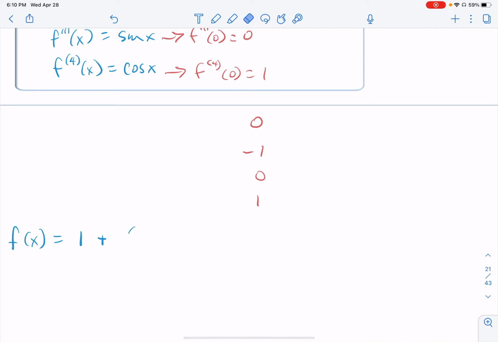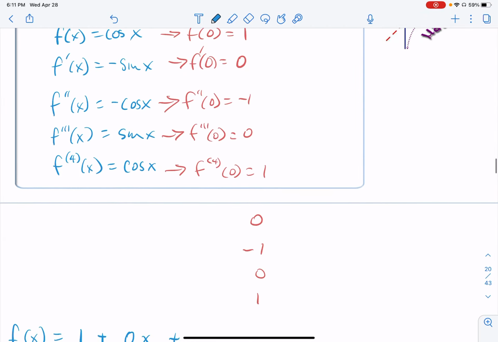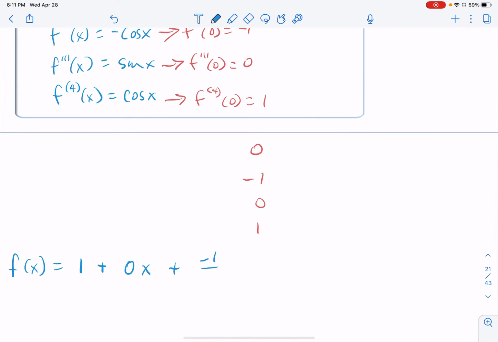I don't really have to write that, so we'll just write it like that, times x, plus, actually it was negative 0, wasn't it? Yes, it was. And then our next one is a negative 1 over 2 factorial times x squared.